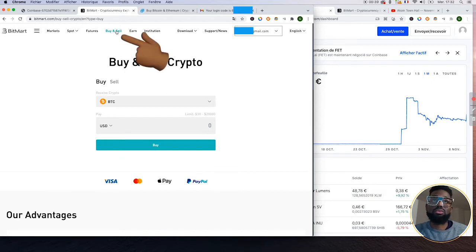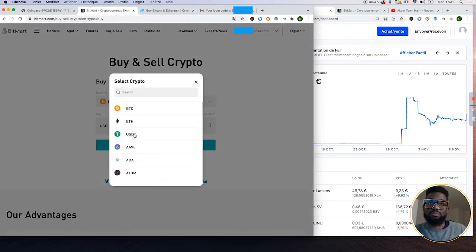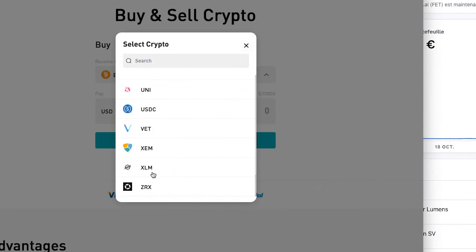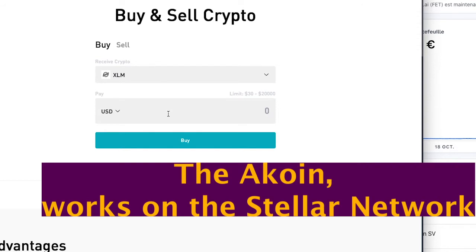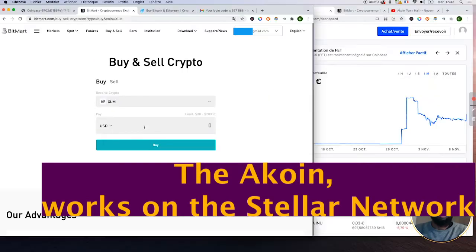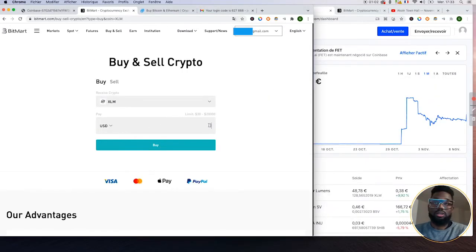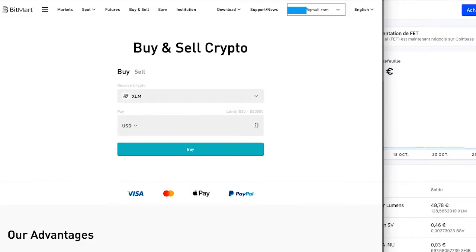Go back to buy and sell, and instead of selecting USDT, select XLM. XLM is the Stellar Lumens token, the Stellar token. And remember, the Acorn token uses the Stellar protocol to operate.